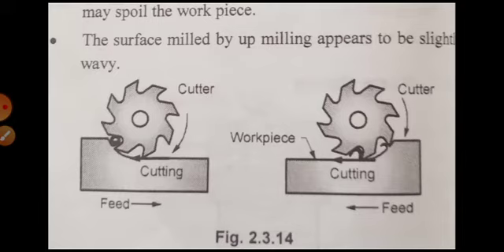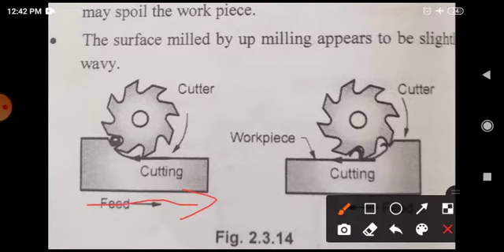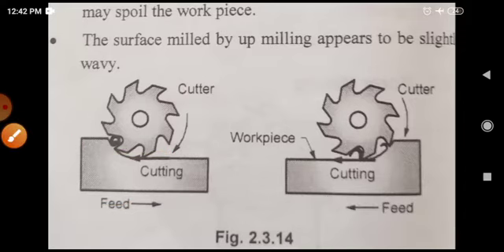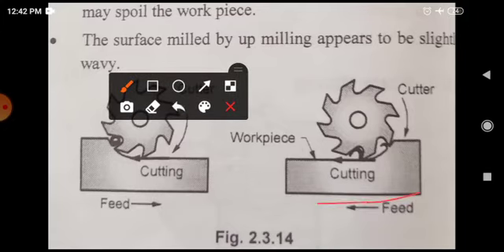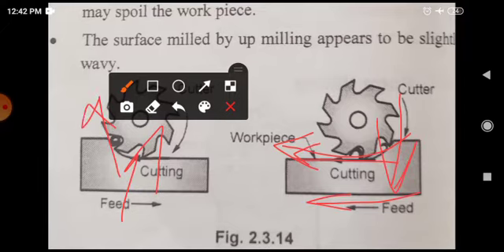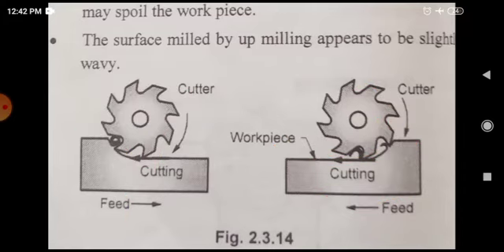You can see the feed is toward the right and the tangential velocity of the cutter is toward the left. In the second one, the feed is toward the left and the tangential velocity of the cutting tool is also toward the left. This is the basic difference between up milling and down milling. This is down milling and this is up milling. You can also see that the cutter is moving downward and taking the chips down, and this is taking chips up. Okay, this is the basic difference.